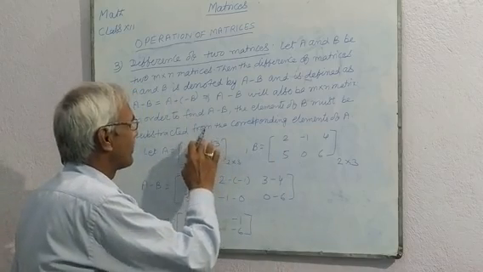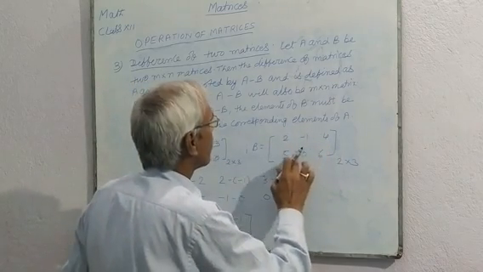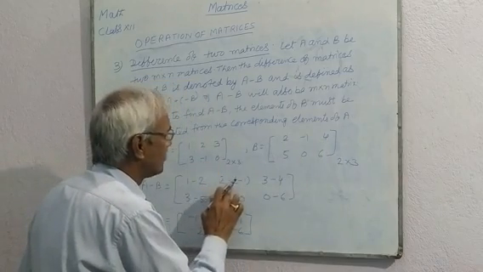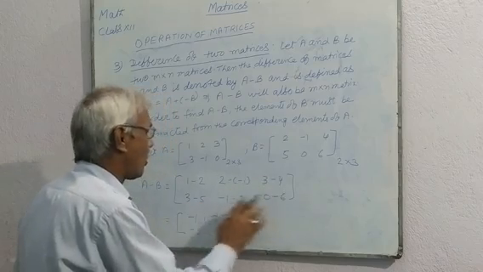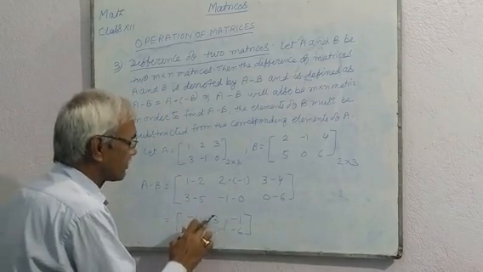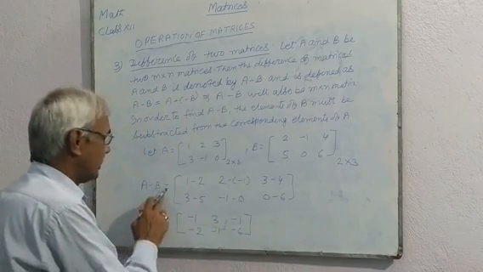First row and second column in A is 2, and first row and second column in matrix B is minus 1. Therefore A minus B gives 2 minus minus 1. Solving, we get minus 1, 3, minus 1, minus 2, minus 1, minus 6 as A minus B.